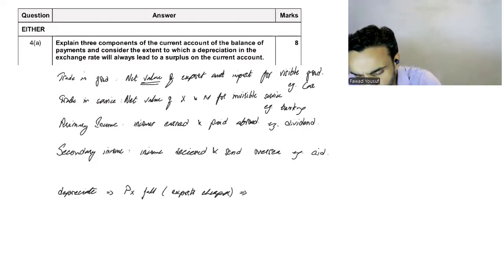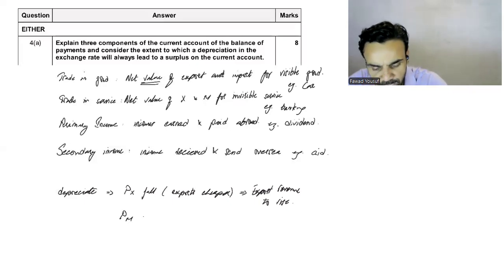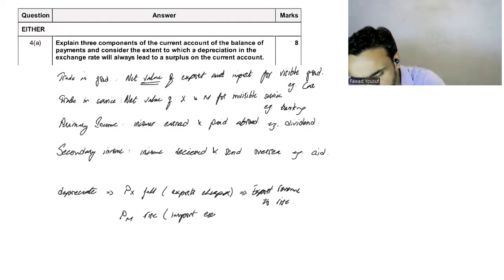So that leads to export revenue rising. Similarly, the price of imports rises because imports become expensive.